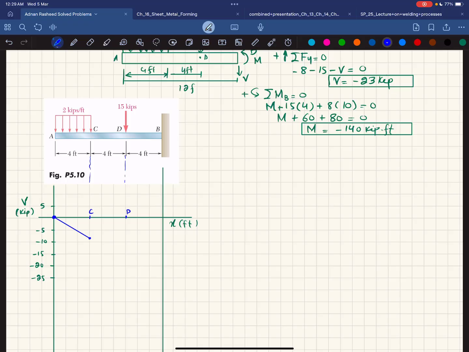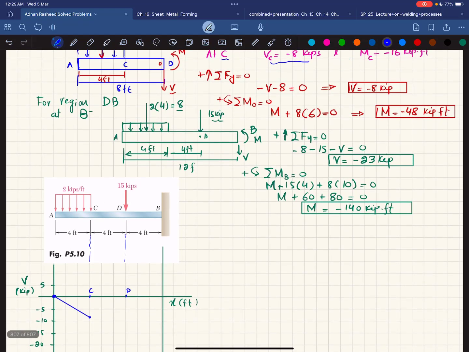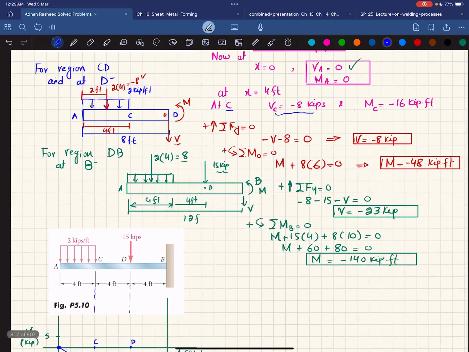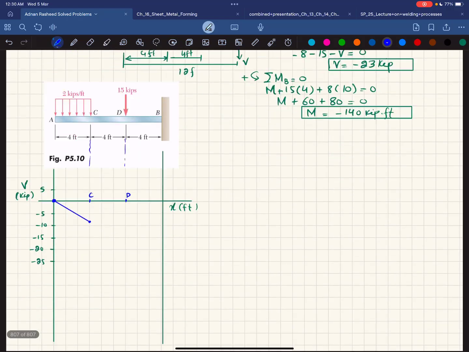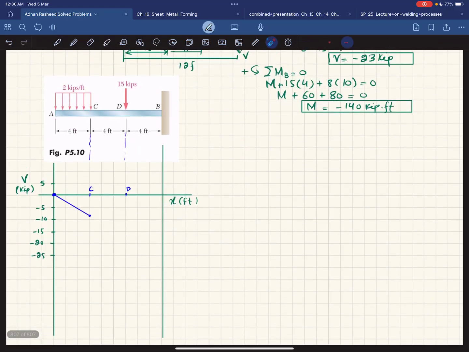Now, what is the shear force at point D? At point D, you have V equal to minus 8. This is for region CD, or just before D. So V is equal to minus 8. And again, you can see from the first method, from C to D there is no change in shear force, so it will remain horizontal till point D. Now, at point D, we have the minus 15 kip load.